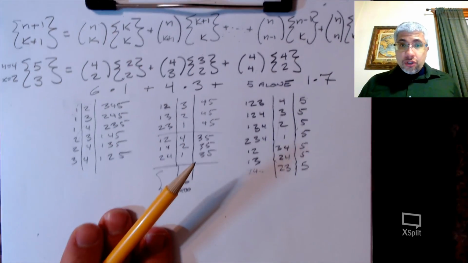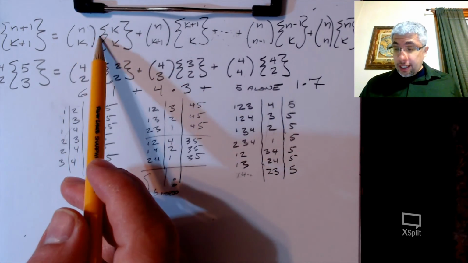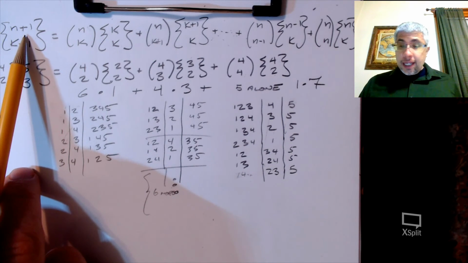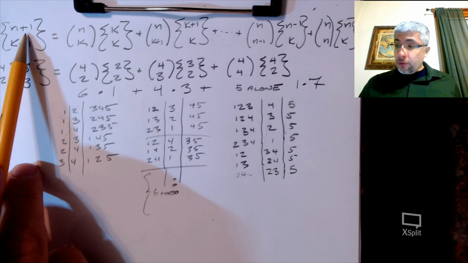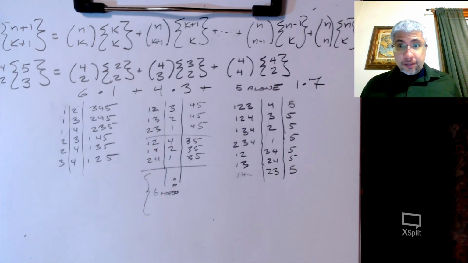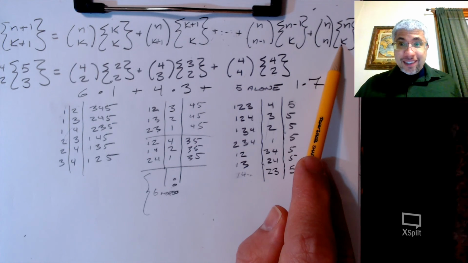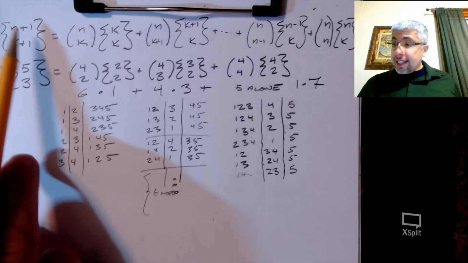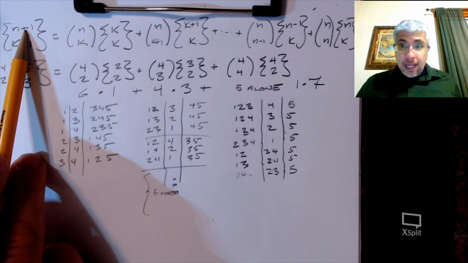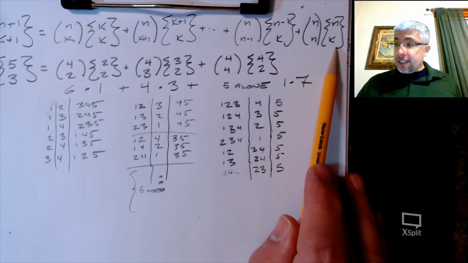Okay, so what this is doing, and now I can see it in the general case, is this: the left-hand side counts the number of ways I can split all the numbers from 1 to n plus 1 up into k plus 1 sets. On the right-hand side, we're splitting this up based on the number of elements in the set that gets n plus 1. If n plus 1 is by itself, well, we choose everything else and split it into k sets.